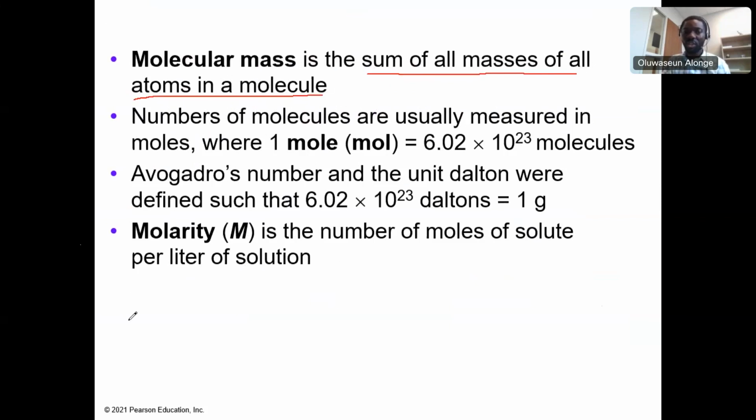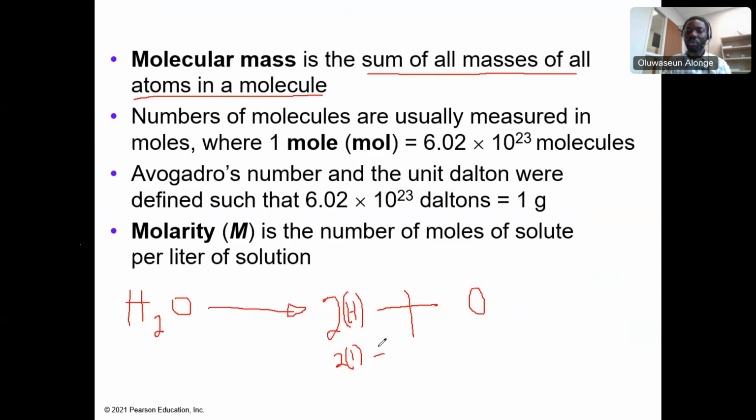So let's say you have H2O, for instance. If you want to calculate the molecular mass, it's simply going to be 2 H, so I'm going to put a parenthesis here, (2 × 1) plus oxygen.